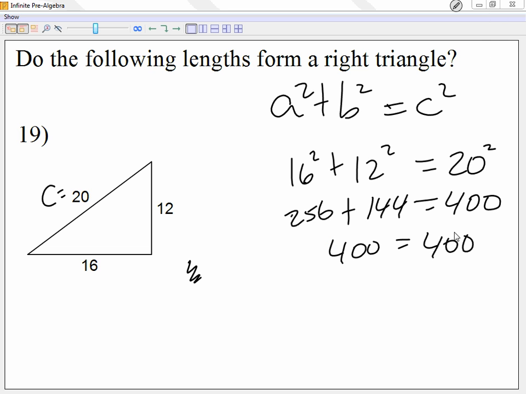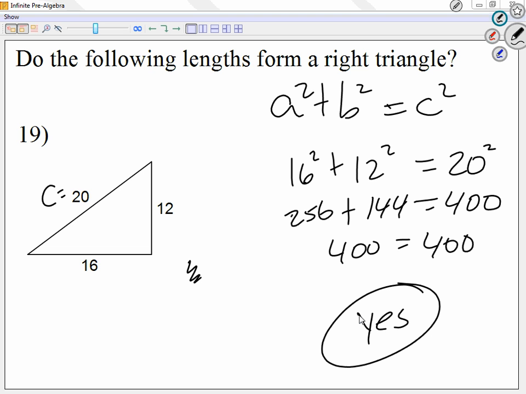So once again, my question to you at the end is, is 400 equal to 400? And then you guys will say yes. Once again, I'm giving you three values, and I'm asking you, is a squared plus b squared equal to c squared? There'll be some yes, some no. So the reviews from 19 through 24, on the finals, 4 questions. Any questions on this point?